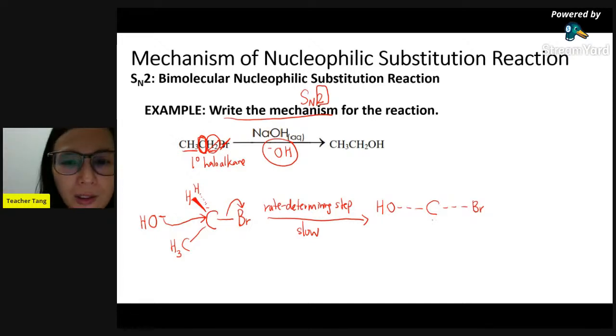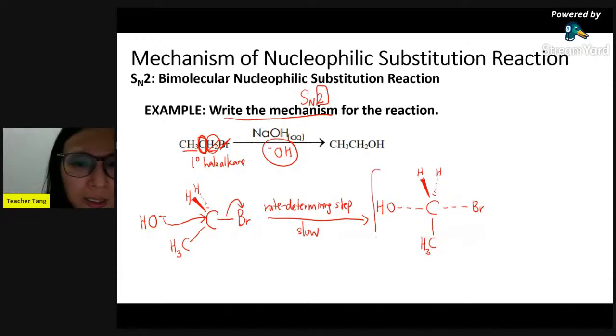So in the middle here, CH3, and then remember trigonal bipyramidal, H, H. So this is the transition state.